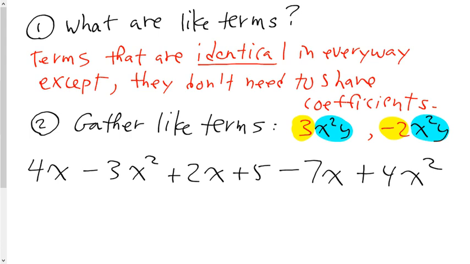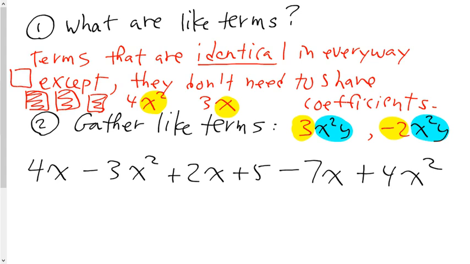On an easier level, if I said 4x squared and 3x, are they like terms? No, because this term has an x squared and this term just has one x. And if we think about what that looks like pictorially, an x squared is this, and then multiply it by 4, it'd have 4 of them, right?